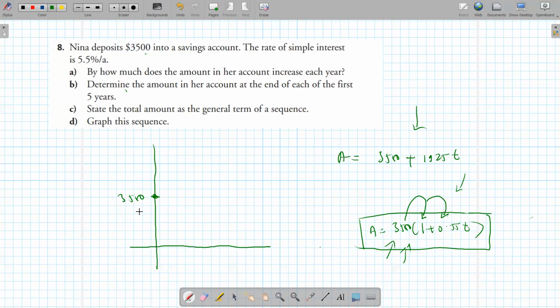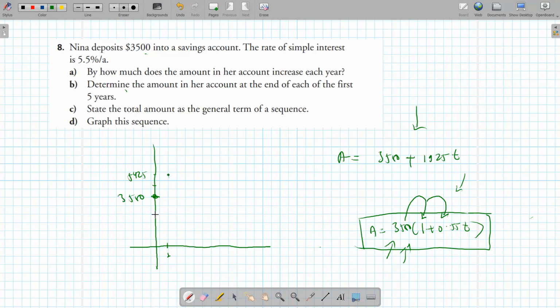You go up by 1925. Yeah, exactly. For every 1925 you go up, you go 1 to the right. So it's going to be 3,500 plus 1925. Well, that's 5,425.